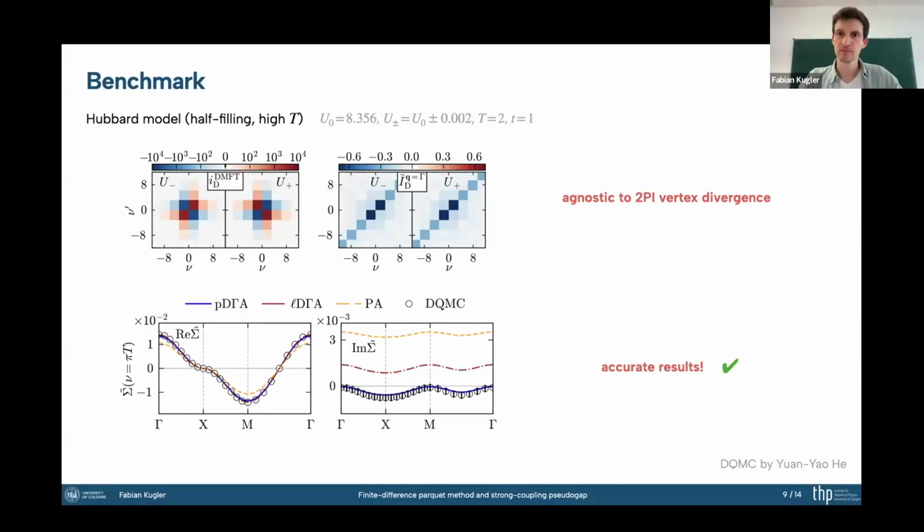Sure. So I tried the calculation of the parquet D-gamma-A at U equal to 10 at the same temperature, and I got a convergent result, but which was on the false branch. So it had a very flat self-energy, and the imaginary part was way too metallic.